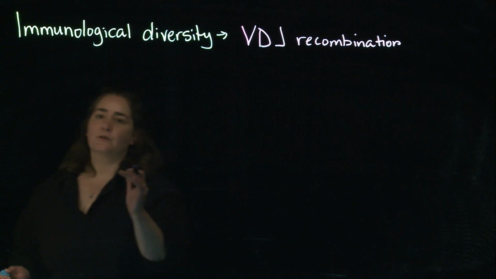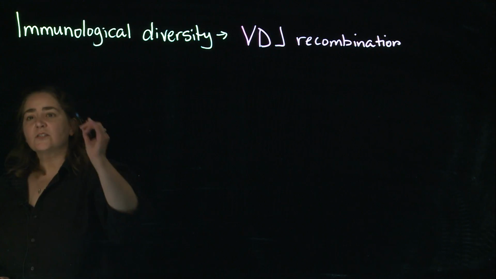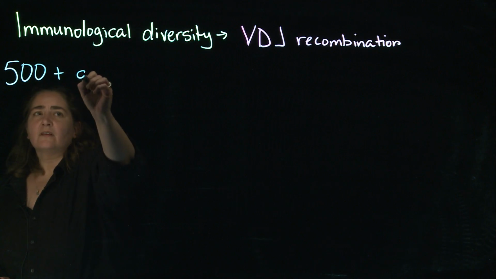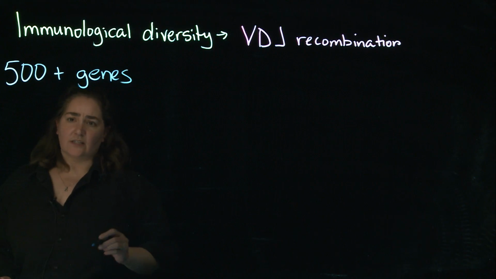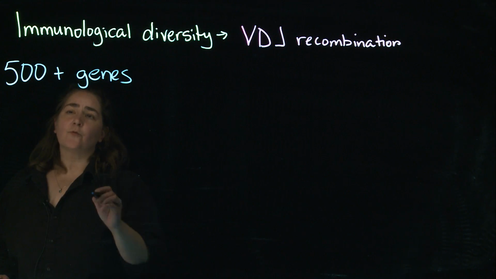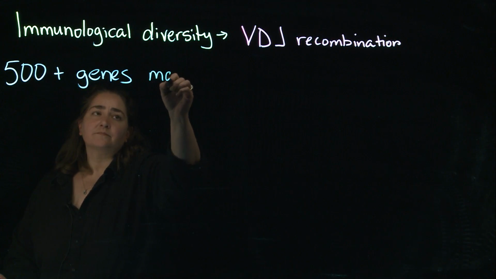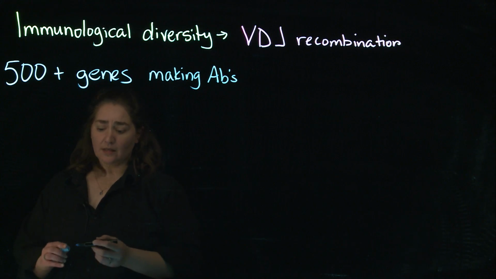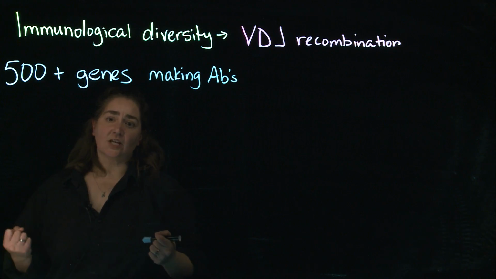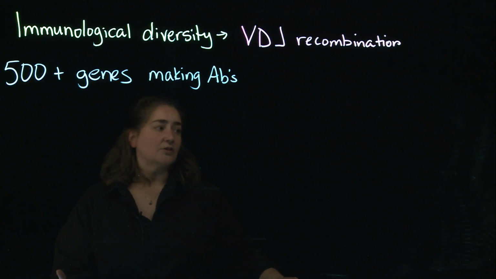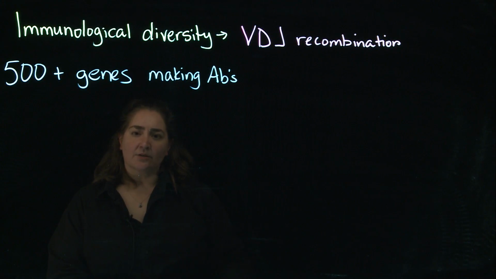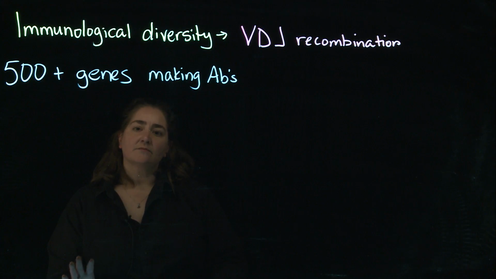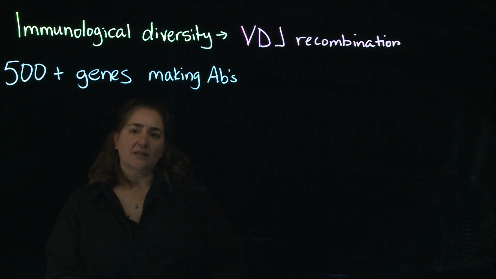In terms of VDJ recombination, essentially what we're talking about is we have a whole bunch of genes that are responsible for making those antibodies, okay? This was a topic that drove me absolutely nuts as an undergraduate because it felt like the instructor spent days and days lecturing on it.